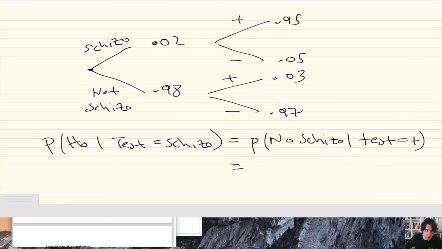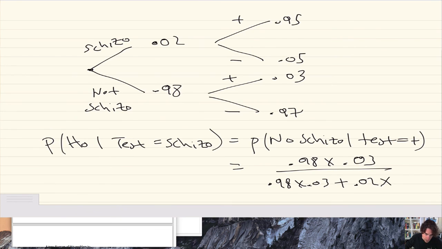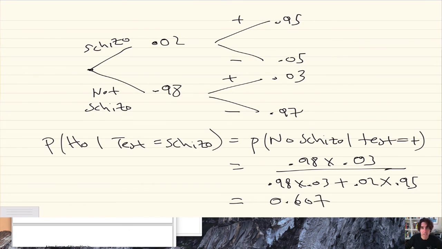And that is equal to 0.98 times 0.03 divided by 0.98 times 0.03 plus 0.02 times 0.95. And that's equal to 0.607, which we see is quite different than the p-value of 0.03, which is not equal to 0.607.